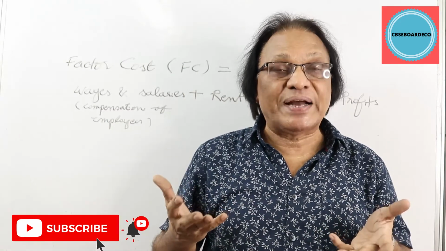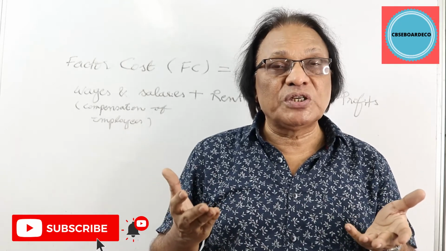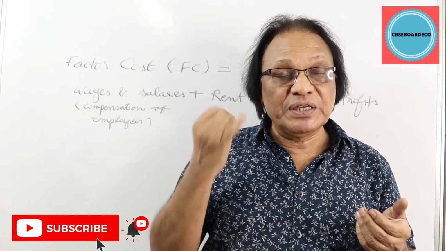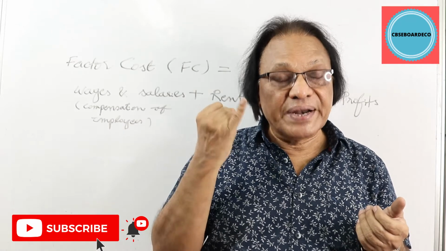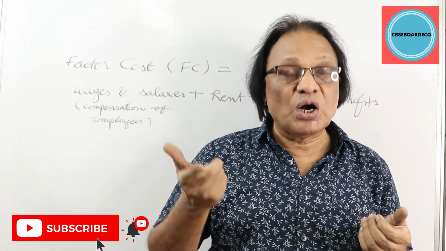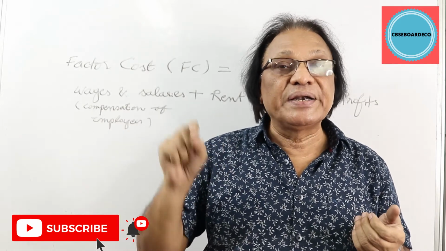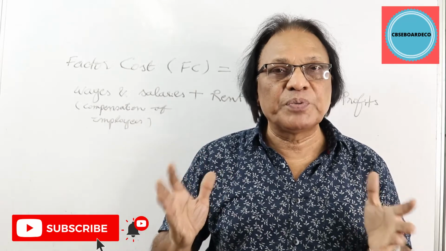So this is known as factor cost, the cost to the firm. The formula is: factor cost is equal to COE, compensation of employees, or wages and salaries, plus rent, interest, and profits. That's as simple as this.